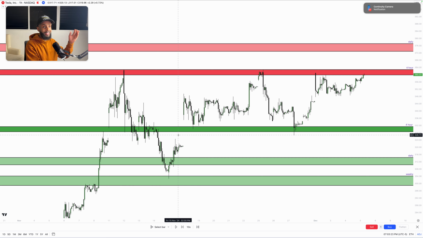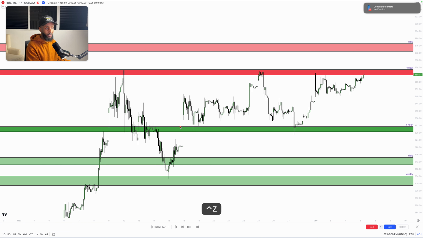Is it breaking demand zones or is it breaking supply levels in the most recent times? We know Tesla broke the daily level and the 4-hour level to the upside. Now I know we are bullish. So I am only looking for opportunities to the upside.